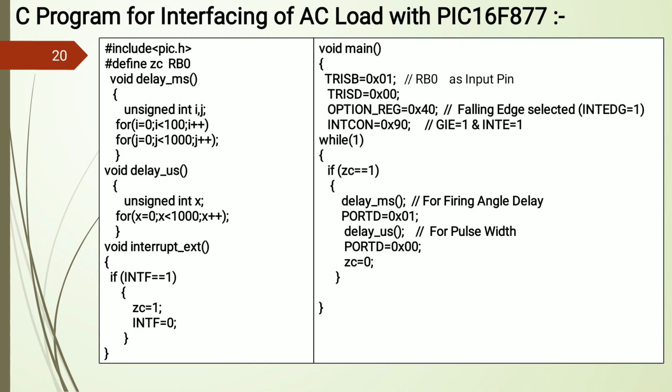Based on these signals, the external triac activates and generates the high output for positive half cycles as well as negative half cycles. So our load, that is the AC load, is controlled with the help of AC phase control circuits, that is controlling the firing angle and pulse width duration.